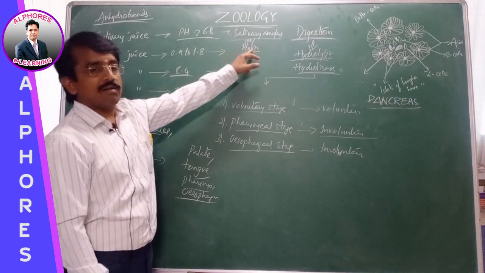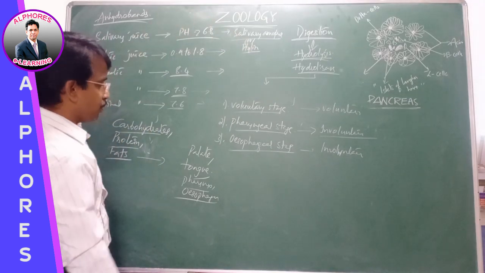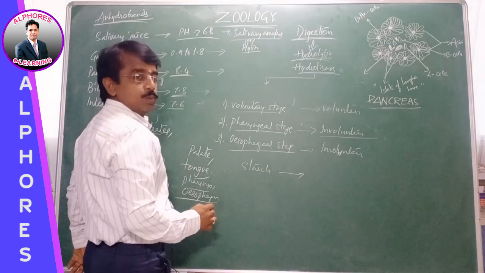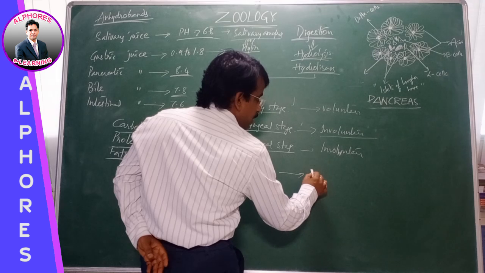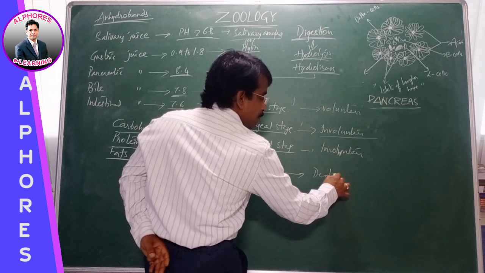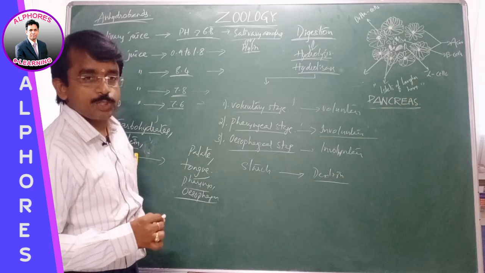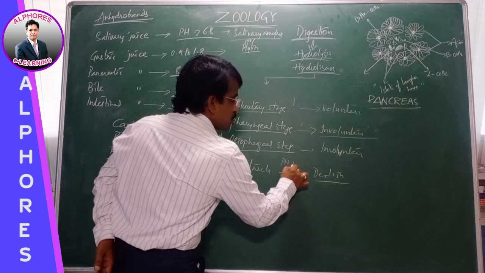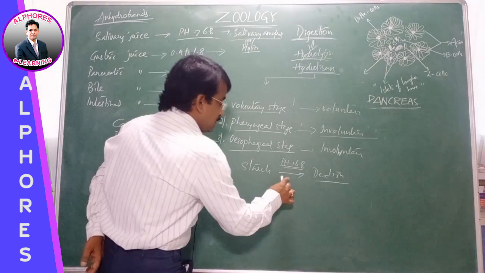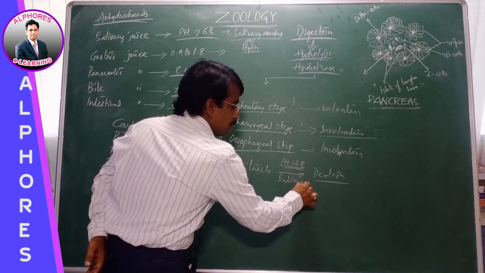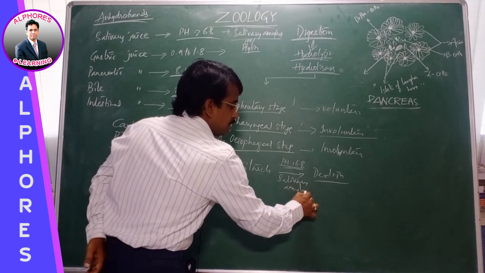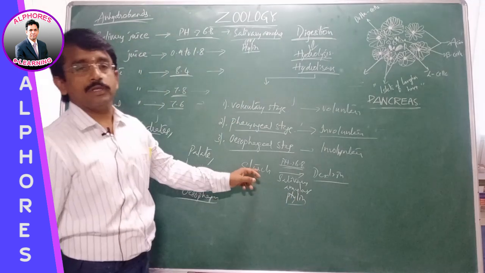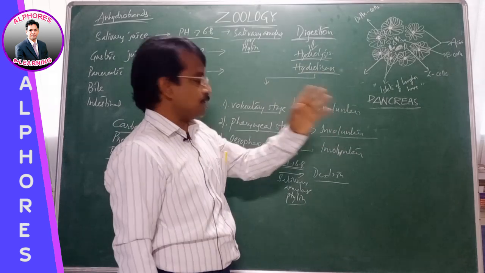Salivary amylase or ptyalin acts upon the starch, which is converted into disaccharides or dextrins. At pH 6.8, salivary amylase or ptyalin acts upon the starch, but only 30% of the starch is digested.